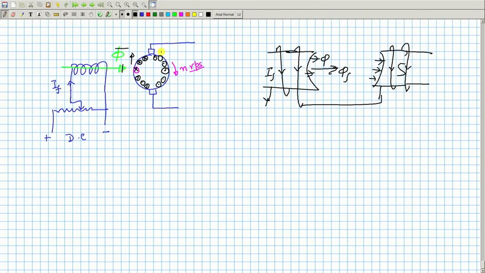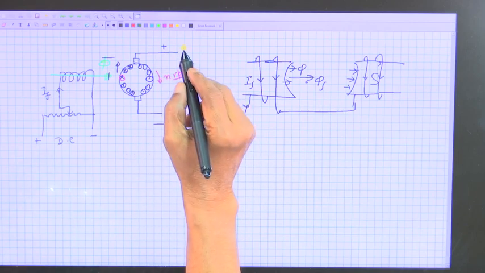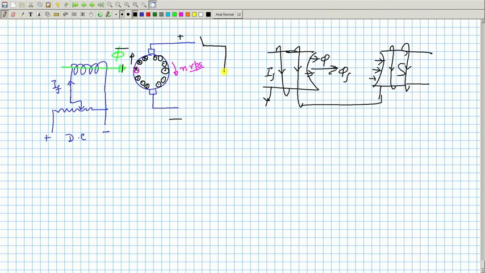Now, out of these two, which brush is plus or minus, difficult to say from this. We will assume this is plus minus, for that nothing is going to change, because it is the armature current distribution which matters. You assume this is plus, this is minus. Okay? And suppose you make an arrangement, DC voltage you will get.